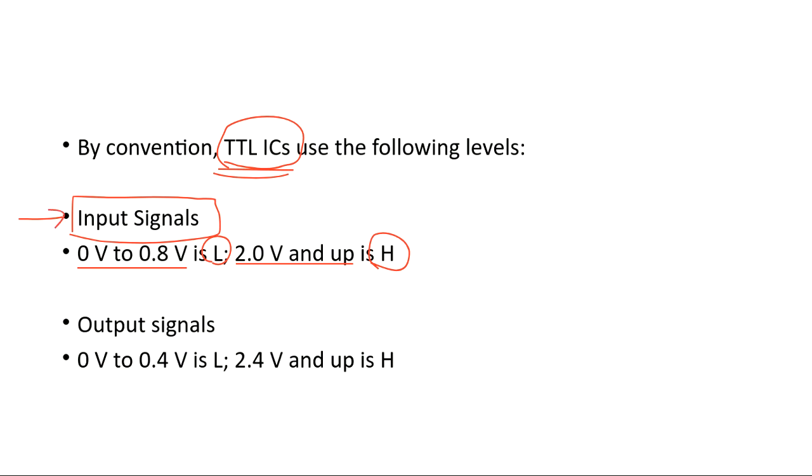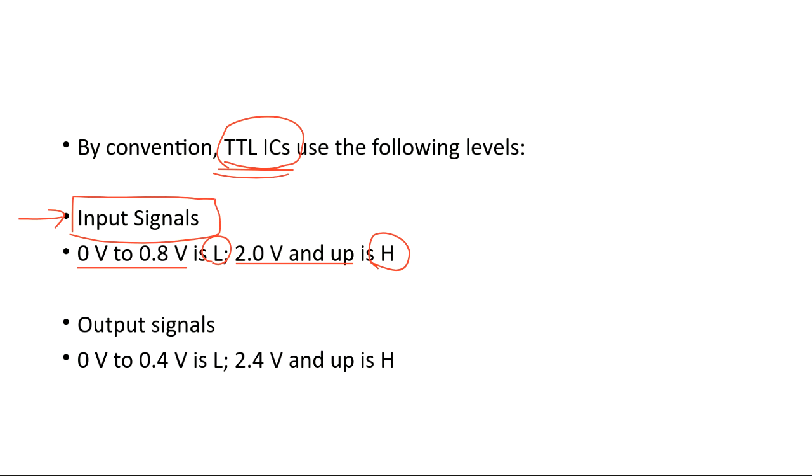What we are talking about now is input signals. The logic gate only understands the voltage levels. So if the voltage is between 0 to 0.8 volt, it will understand that binary 0 is coming, and 2 volts and above, it will understand that binary 1 is coming on the input.